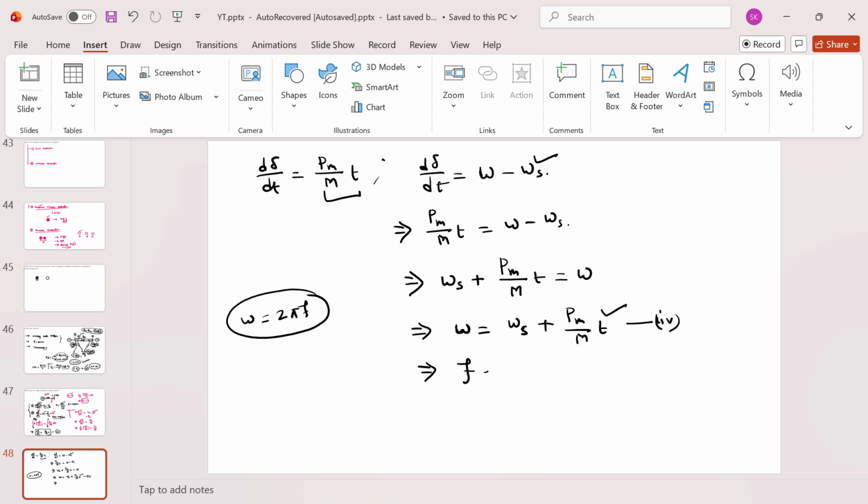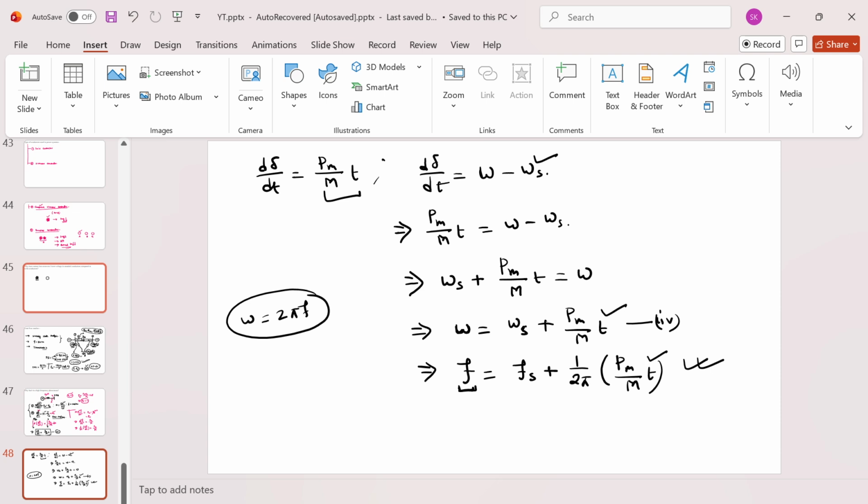You get f equals fs, the supply or grid frequency, plus 1 by 2 pi times Pm by M t.